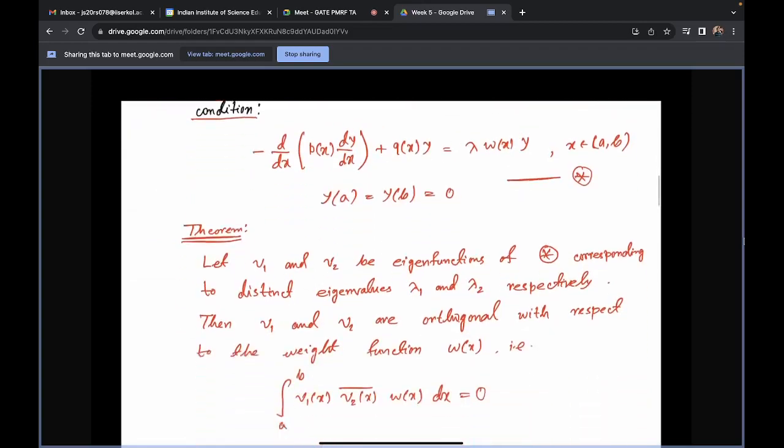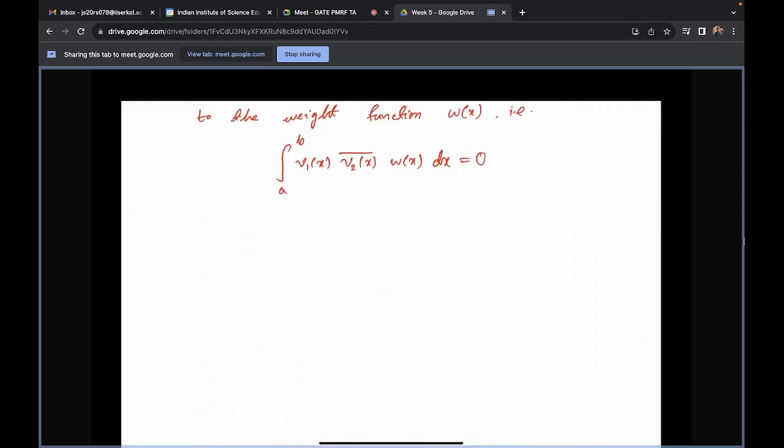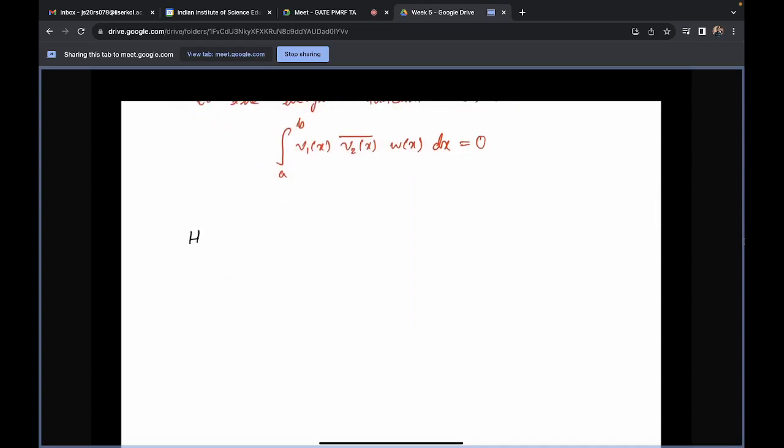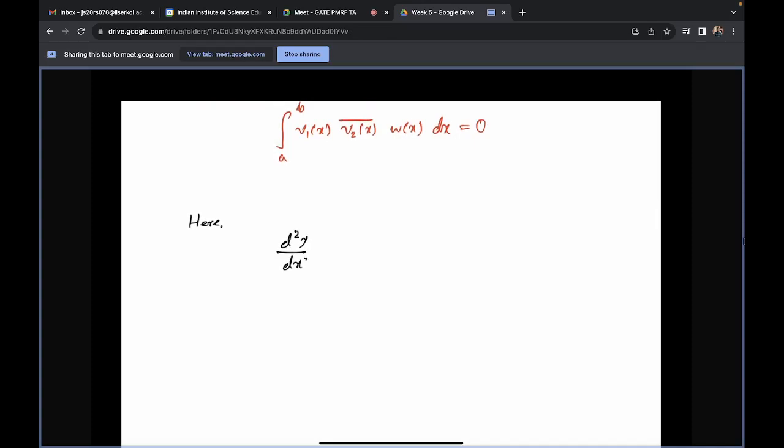Here, the problem is d2y/dx2 minus 3 dy/dx equals lambda y for x in 0 to pi, and the periodic boundary condition is y is 0 at 0 and pi.